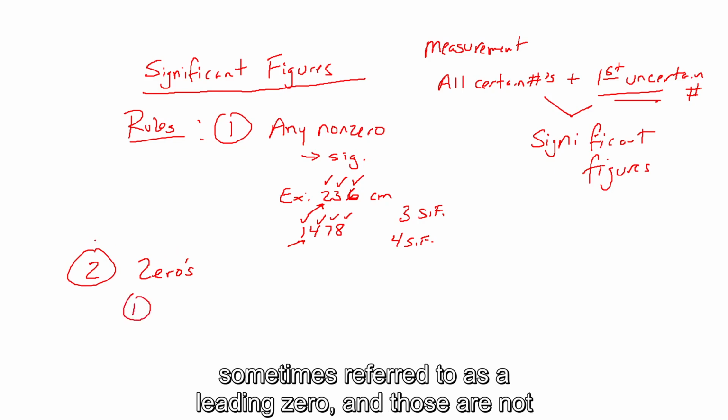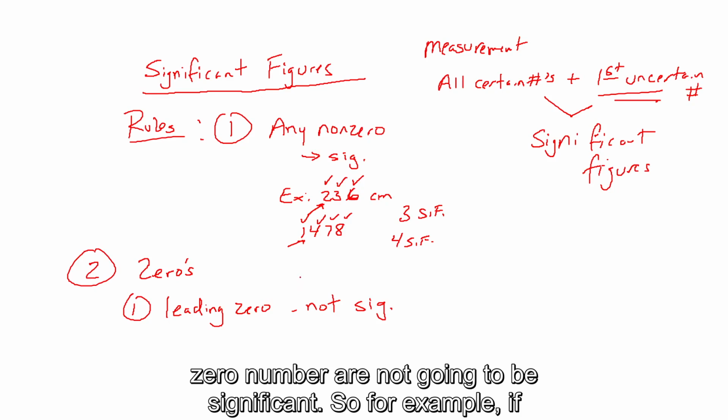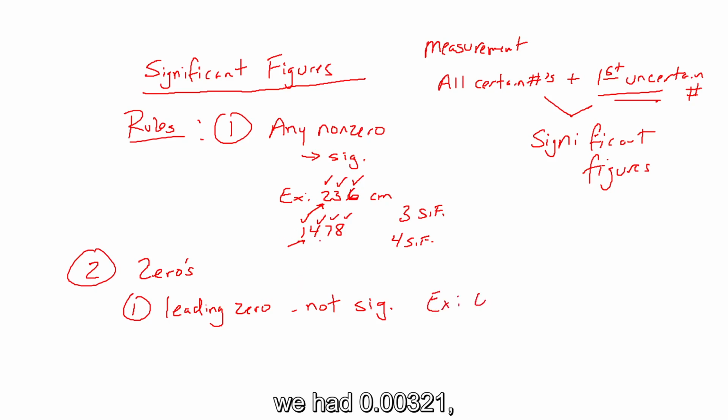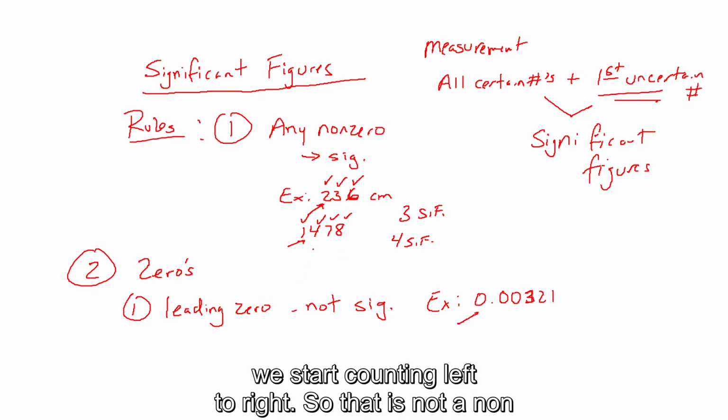The first one is sometimes referred to as a leading zero, and those are not significant. Any zeros that come before the very first non-zero number are not going to be significant. So for example, if we had 0.00321, again, we start counting left to right.